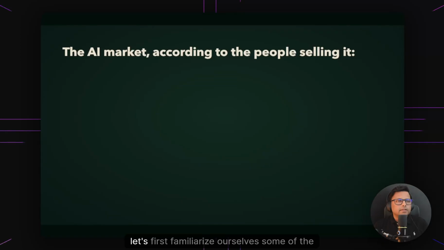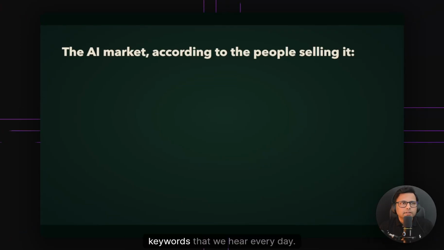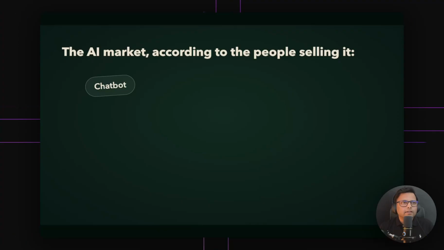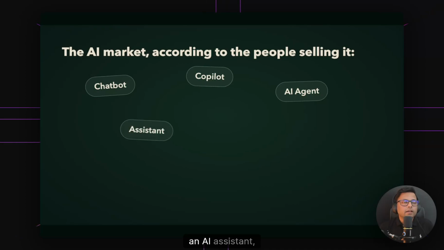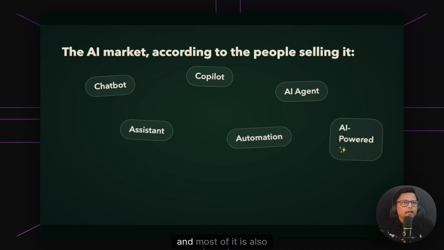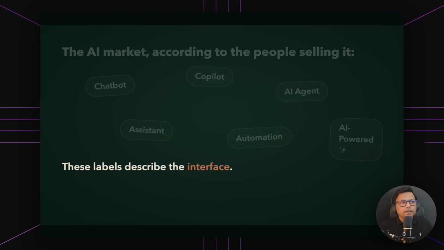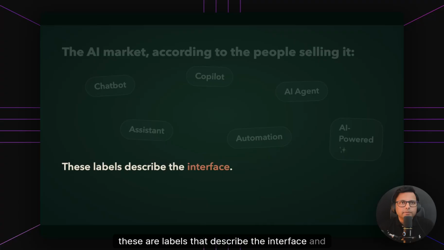To start with, let's first familiarize ourselves with some of the keywords that we hear every day. So when you go search for AI today, you will hear words like a chatbot, copilot, an AI agent, an AI assistant, automation, and most of it is also related to things like AI powered chatbots, AI powered workflows, etc. So the problem is that these are labels that describe the interface and how the thing looks.